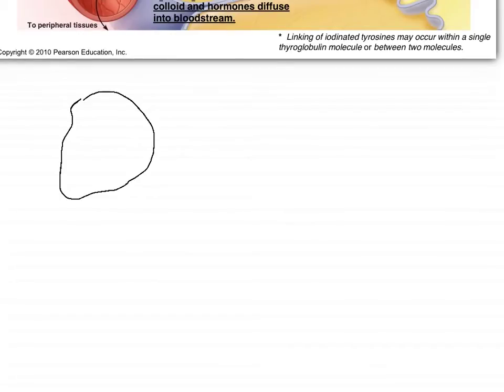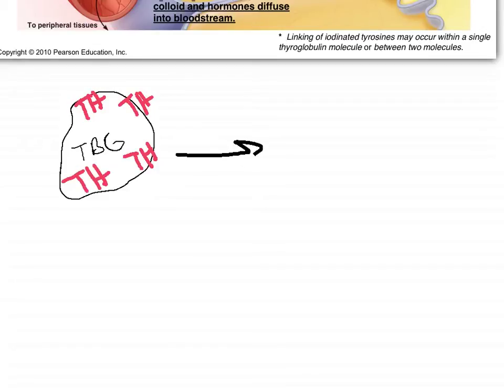Most circulating thyroid hormone is bound up to albumin, transthyretin, or thyroid-binding globulins. However, only free, unbound thyroid hormone can be taken up by the target cells.